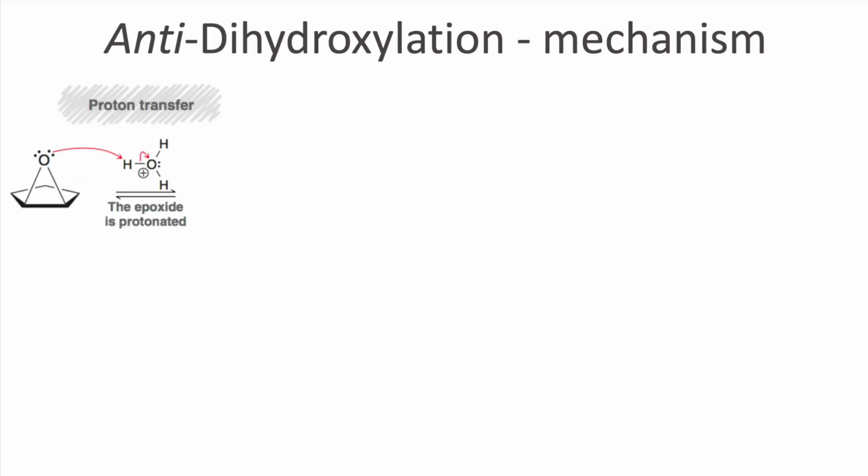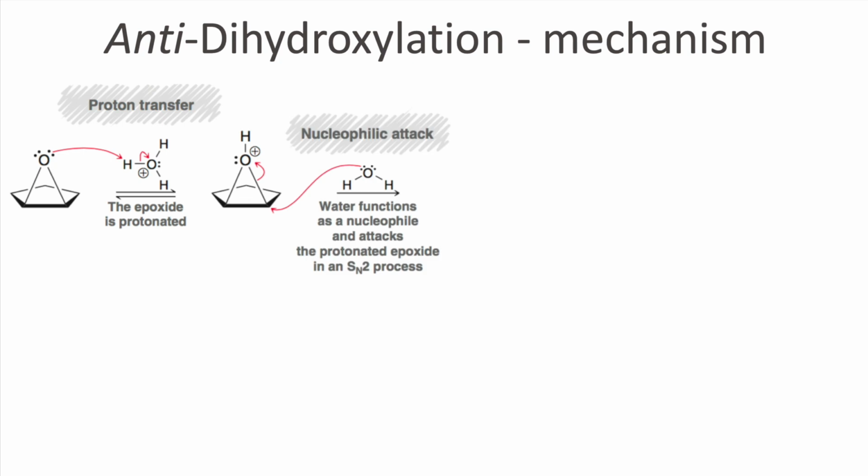So starting with our epoxide here, if you do this under acidic conditions, it will get protonated. It needs to get protonated first in order to break open that ring, because if it wasn't protonated first, if you break open that ring, you would be left with an oxygen with a negative charge. So once it is protonated, since you have water as a solvent around, water will act as a nucleophile to open up that ring in an SN2 backside attack, giving this anti-addition of the water molecule, which again is a charged species, so we want it to be neutral.